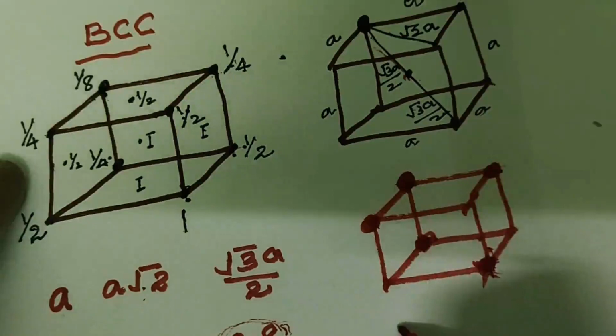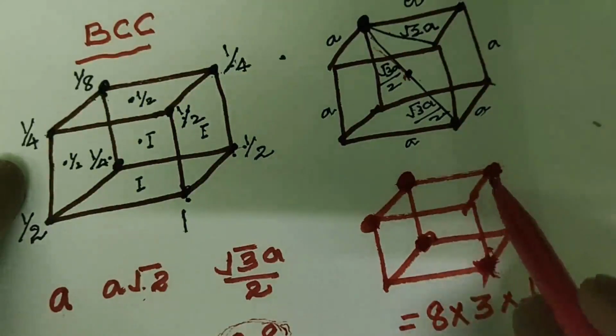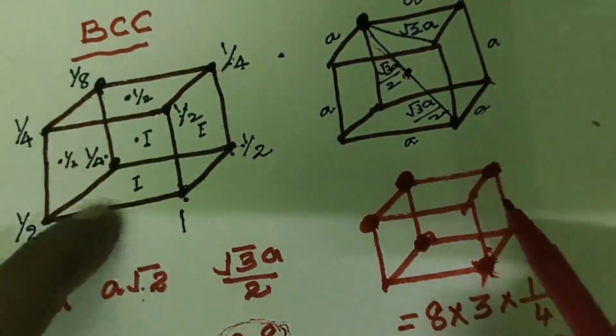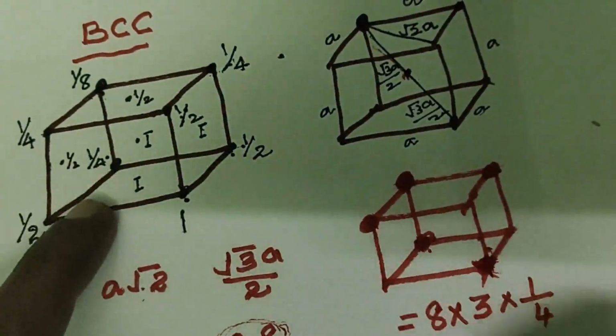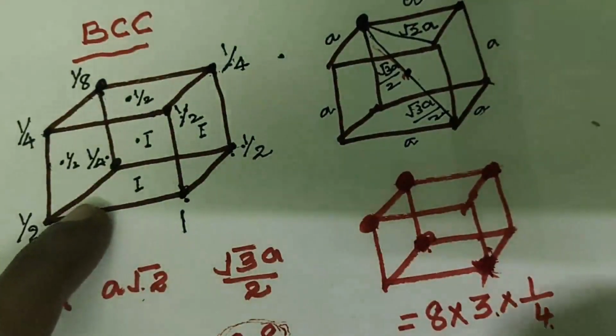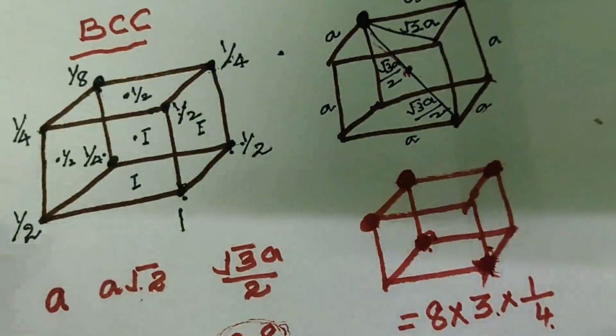So how many corner particles? 8 corner atoms are touched with 3, whose contribution is 1 by 4 each. So that is 24 divided by 4, that is equal to 6. Coordination number of the second nearest, or next nearest, is 6.